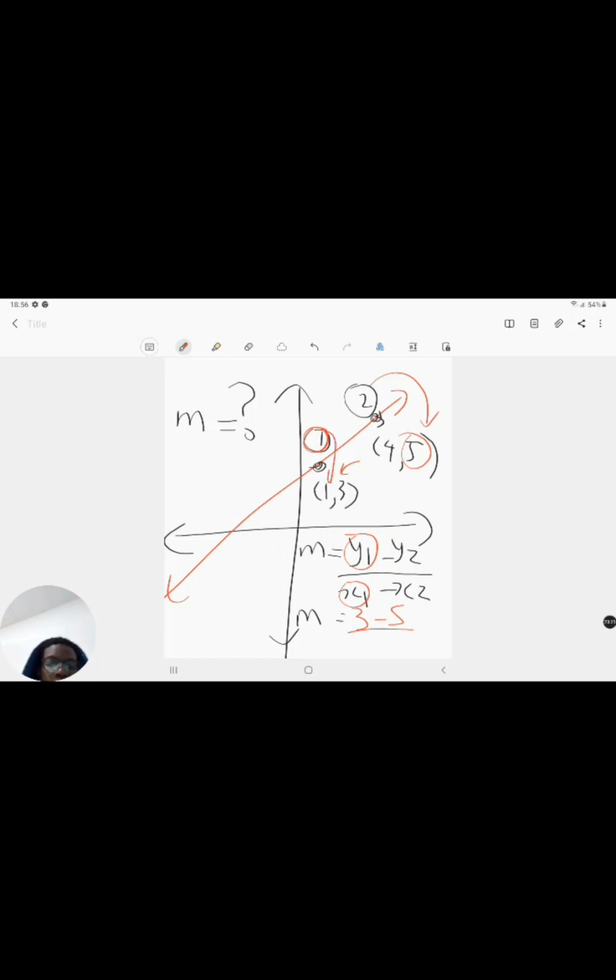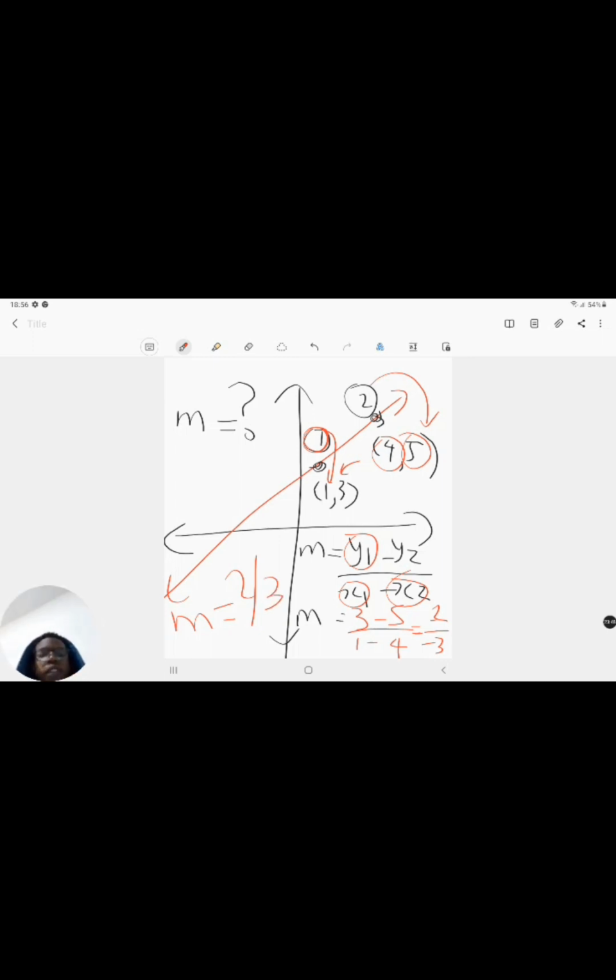So that's 1, minus, what is x2? x2 is the x value at point number 2, and that's 4. And then this is going to give you minus 2 divided by minus 3. And that's going to be your slope, 2 over 3, because the negatives will cancel. So m is equal to 2 over 3 for this graph. So this is how you would solve this.